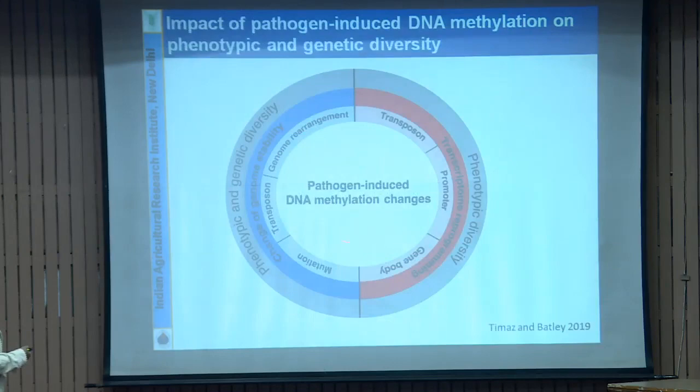This figure shows what this methylation could be doing in the host if it is induced by the pathogen. Pathogen-induced DNA methylation may lead to transcriptional reprogramming or it may change the stability of the genome. Methylation in gene body regions, promoter regions or transposons may lead to different kinds of RNA, functional or dysfunctional.